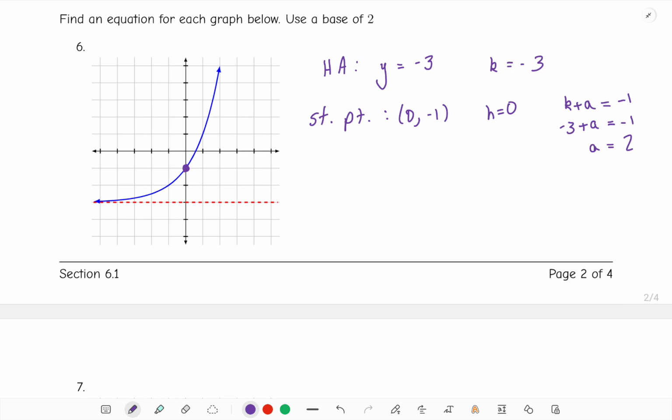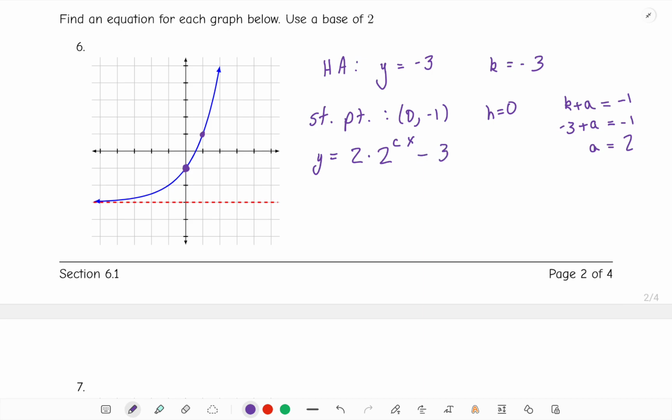Now we just need to find out what c is. To find c, you have to pick a second point. I'm going to pick the point 1, 1. So our equation so far is y equals 2 times 2 to the c times x minus 0, so just x, plus k, so -3.